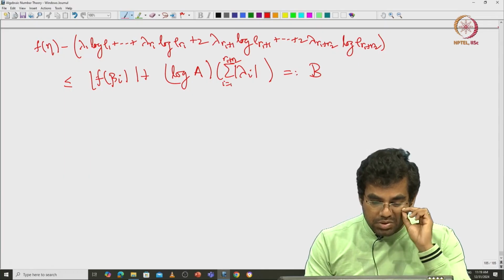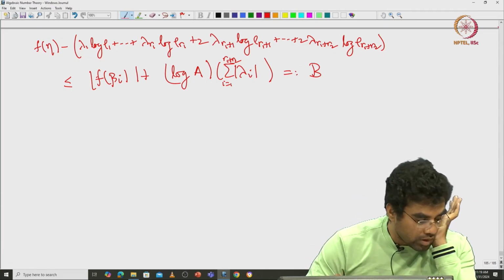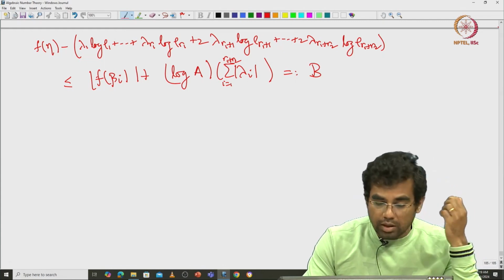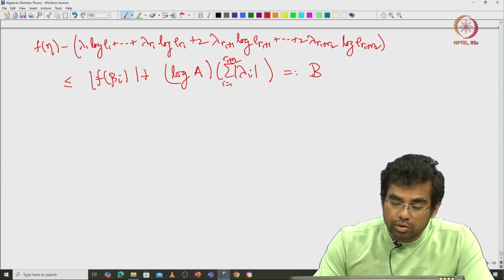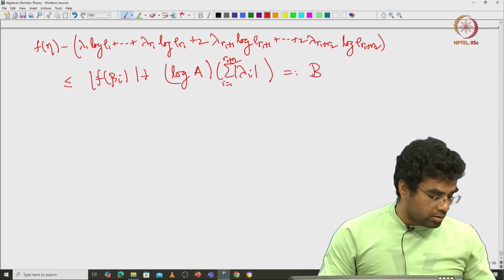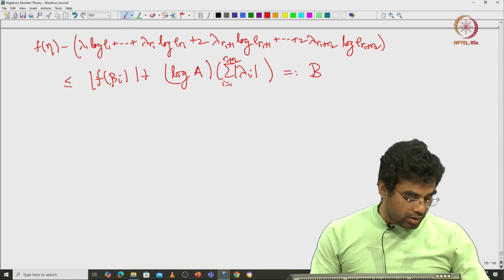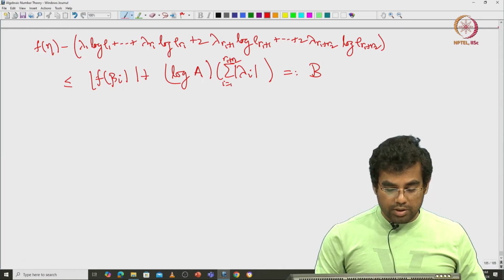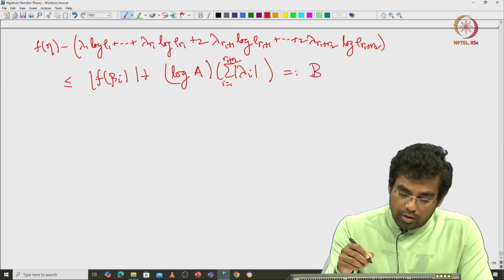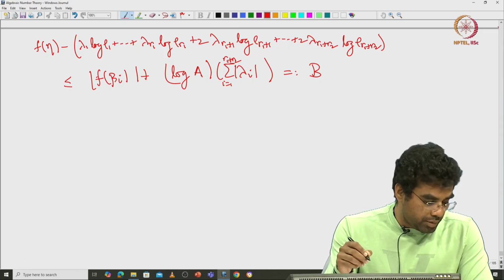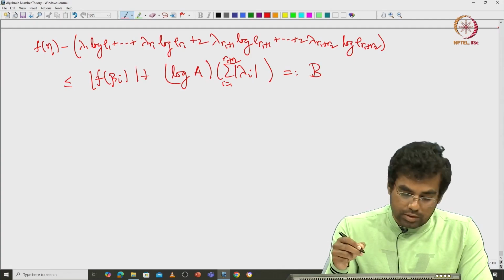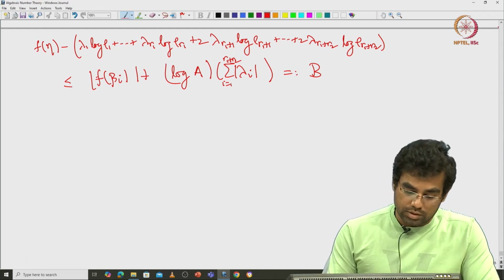Okay. And why is this true? Well, you just write down the expression for f of beta, and then you use the fact that each of the elements log of sigma i of alpha is bigger than or equal to log of A inverse times log of rho i, and you just do this.